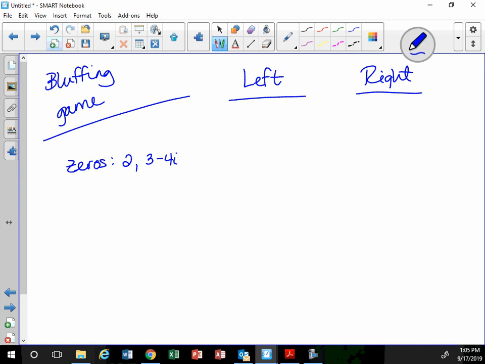Write a polynomial function of least degree with real coefficients. All right, we'll make this the right side. On the right side, stand up. You guys are the right side. Okay, 12 points possible.